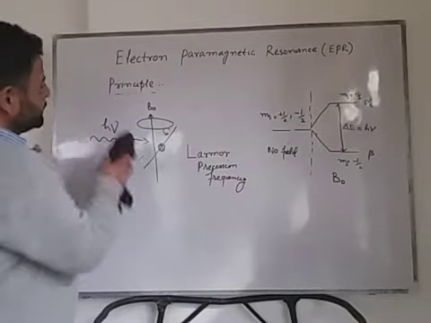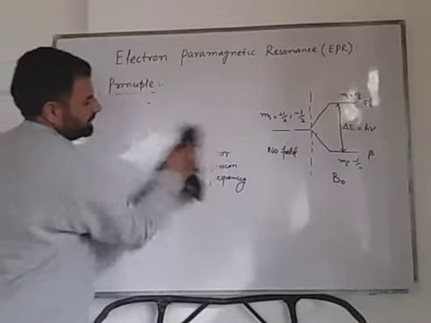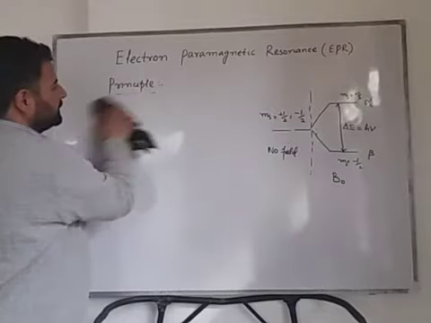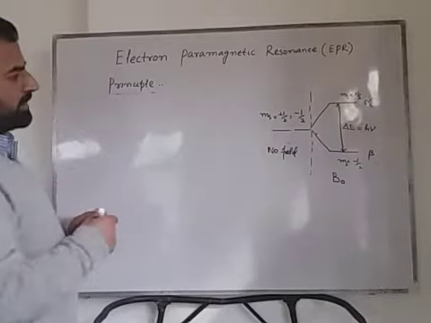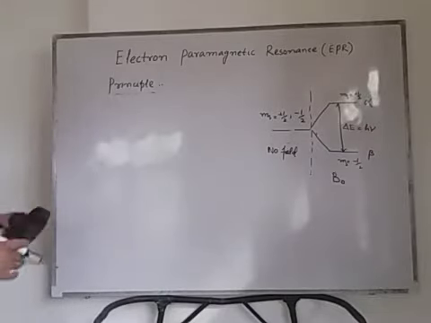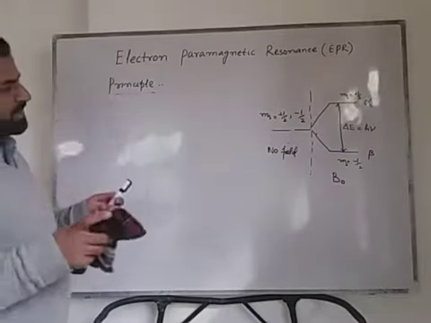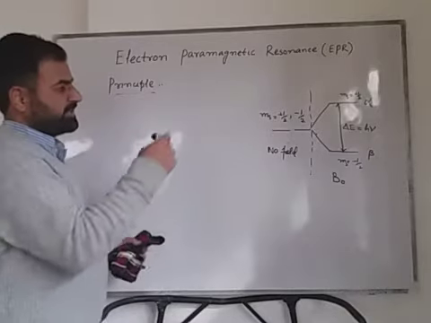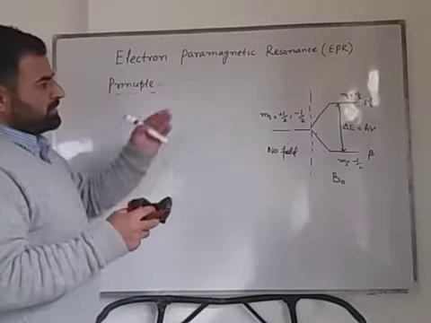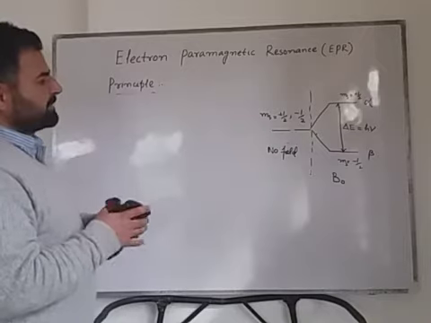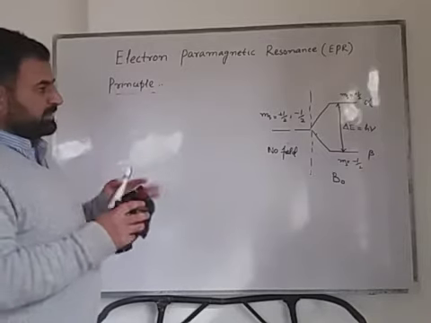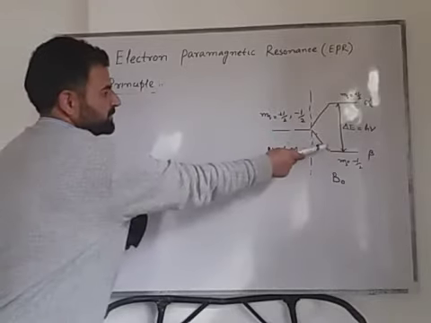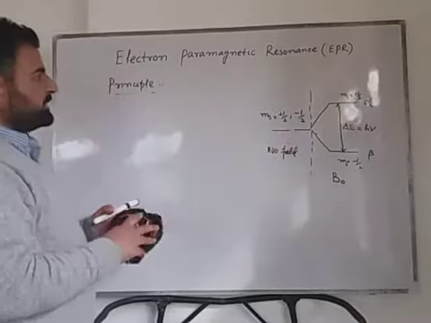Okay, dear students, now you understood how the transition can occur in EPR spectroscopy and how it can give a signal. The signal corresponds to this transition which occurs here.